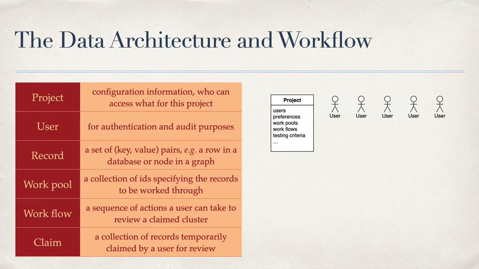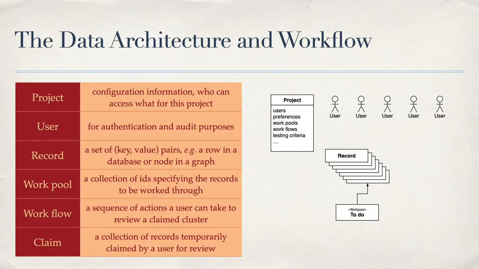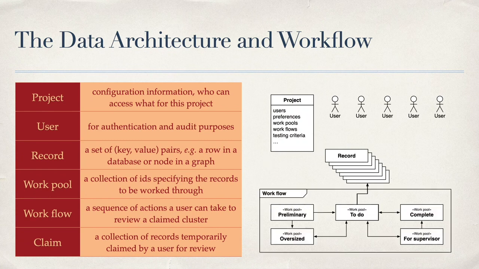A user can be a human agent, or, as we'll see later, a batch script or triage tool. Records are the data being reviewed and typically correspond to a row in a database table or view, or a node in a graph. A work pool is a set of IDs of records in certain states, for example, yet to be reviewed or completed. As the review task progresses, the reviewers move records between work pools according to a bespoke workflow.